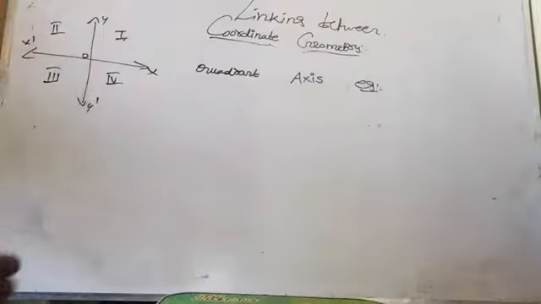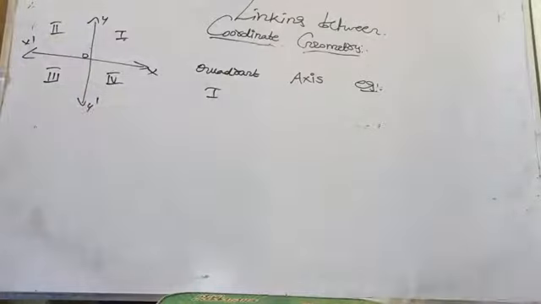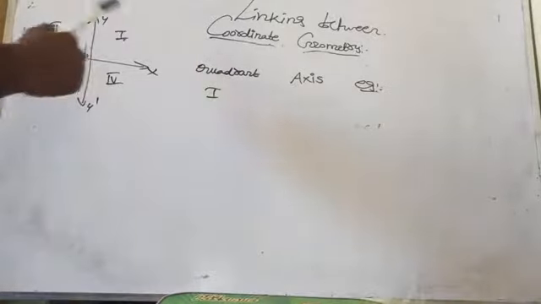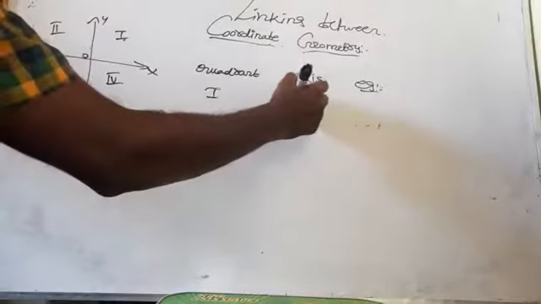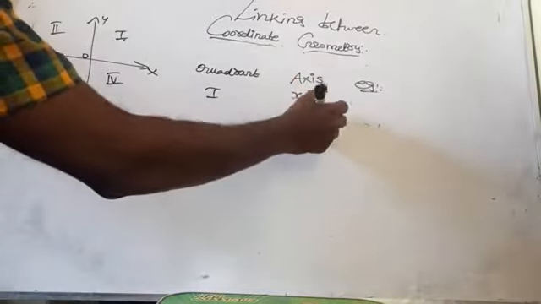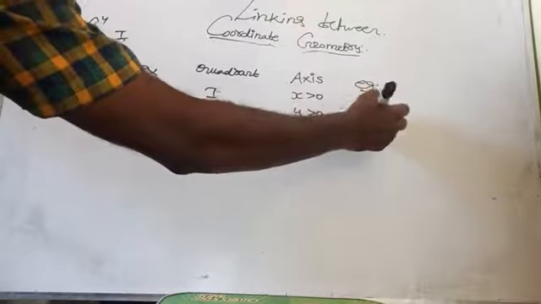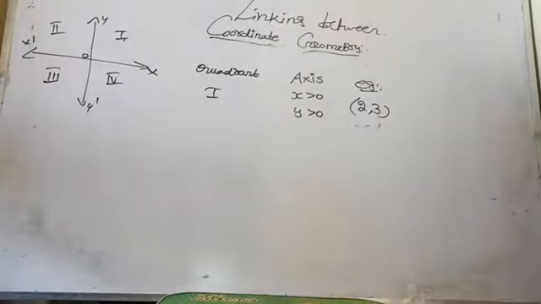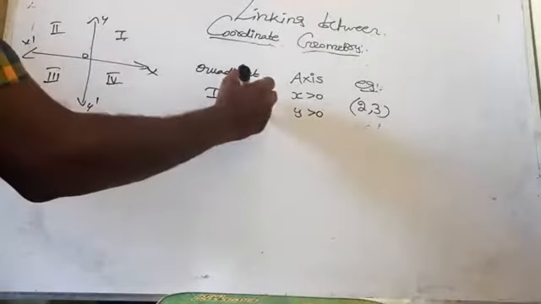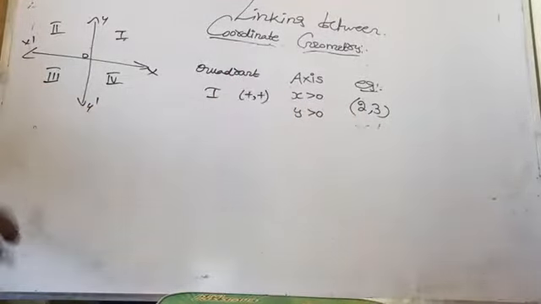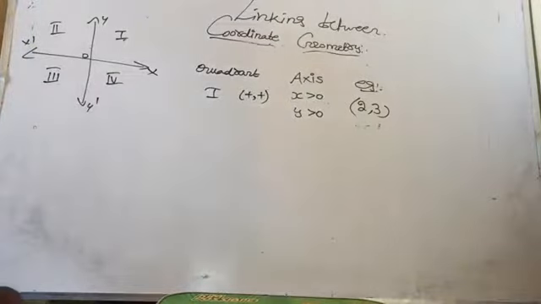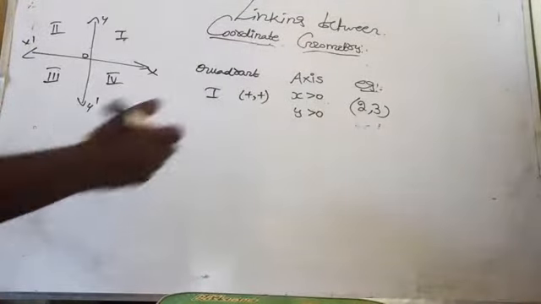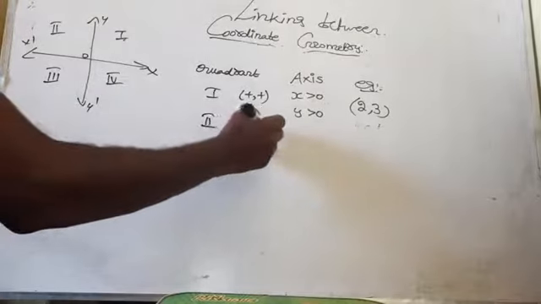Now, quadrant, axis, and then I can give one example. In the first quadrant, the value of x should be greater than 0, and y should also be greater than 0. x greater than 0, y greater than 0. For example, (2, 3). That means plus, plus. If the coordinate is in the form plus, plus, then it lies in the first quadrant. The second quadrant is minus, plus.